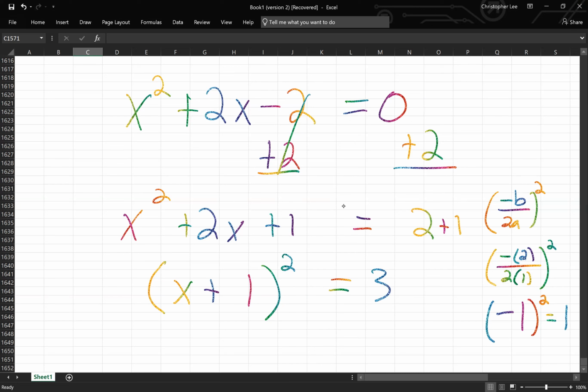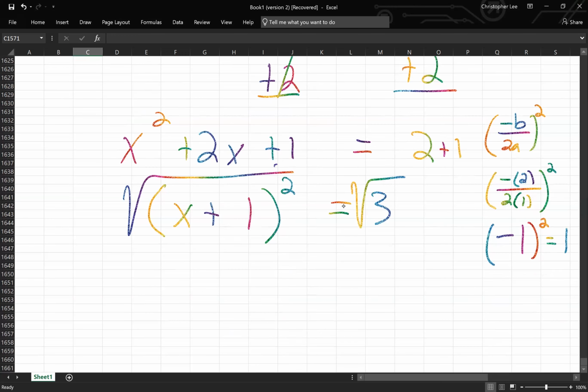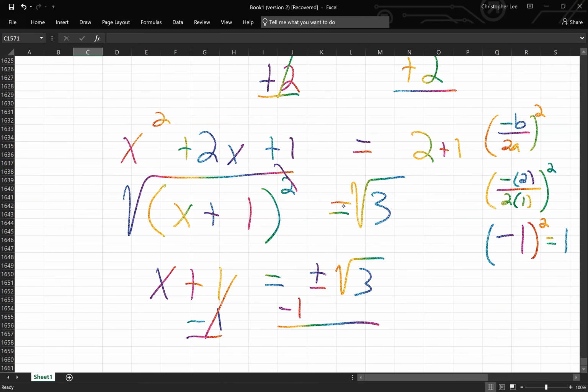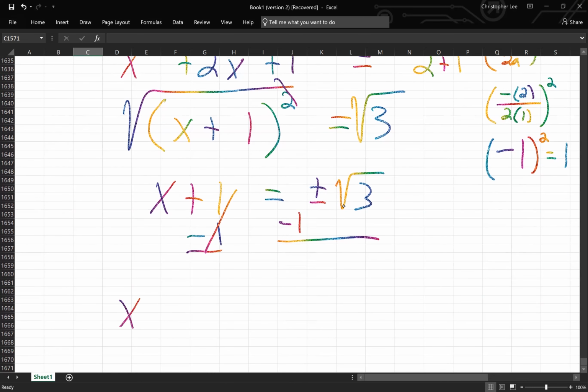And then now I want to solve for x, right? So I'm gonna square root both sides. What I do to one side, I gotta do to the other, right? So these will cancel out. So I have x plus 1 is equal to plus or minus square root 3. Then you're gonna subtract 1. What you do to one side, you do to the other. So now we got two answers, right?